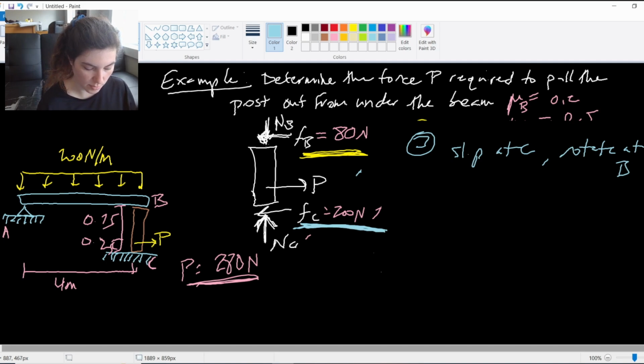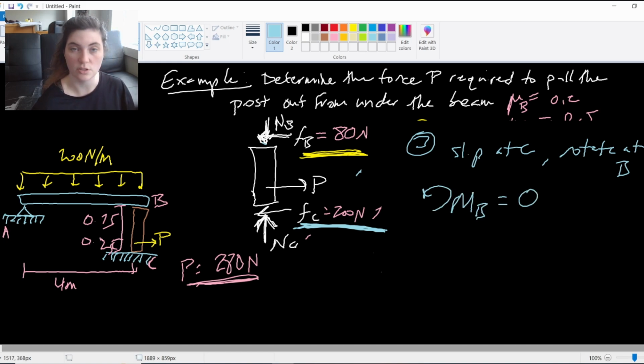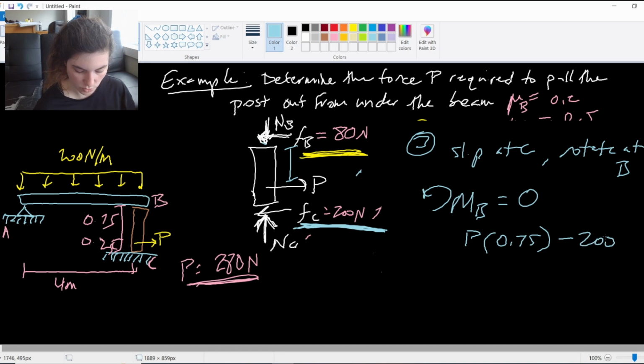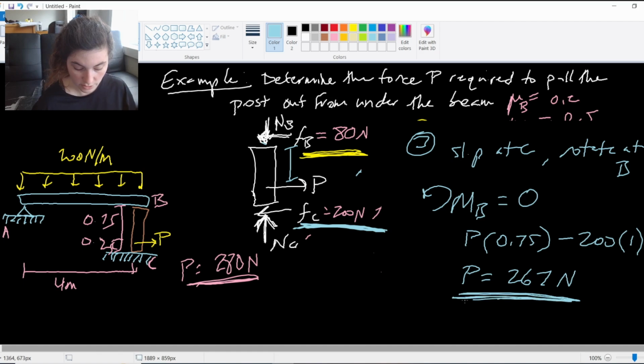And then my rotate at B, I'm going to take a moment about point B to solve for P. So that's going to give me my P times 0.75 is its distance away from B, minus 200 times its distance away is 1, which gives me a P value of 267 newtons. Which we'll notice 267 is in fact less than 280.